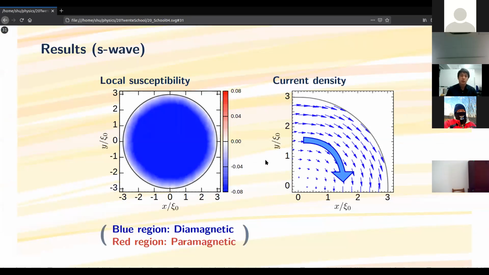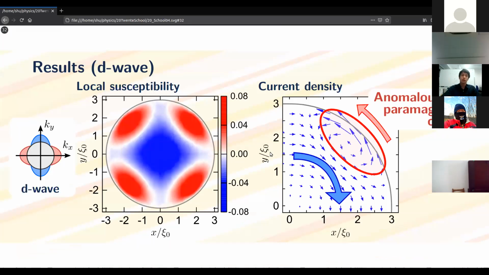The results are shown here. This is the result for S-wave superconductors. This is the local susceptibility, where blue means the usual diamagnetic response. And this is the current density. Of course, the current density is diamagnetic. So this is just the usual Meissner diamagnetic supercurrent.